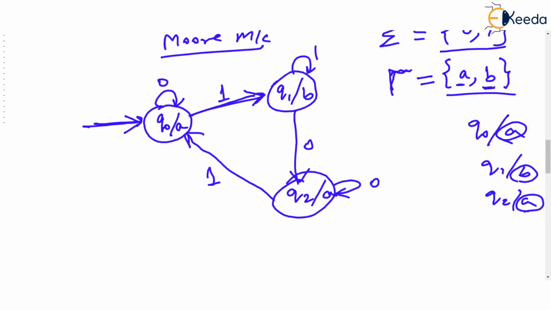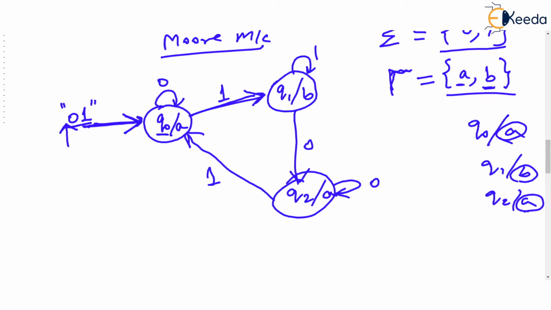Now, let's give some input like this, 0, 1. This is the input given. Note, this is an input made up of 0, 1. Now, obviously, you will say that the machine starts in the Q0 state, correct? The machine has started in the Q0 state and has not even read the first letter of the input. But obviously, the machine will be in the Q0 state.